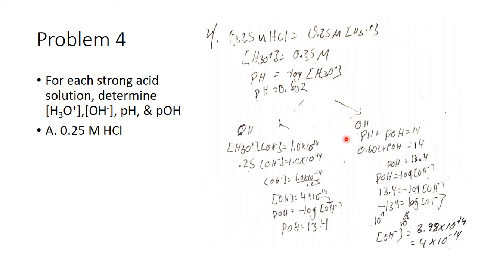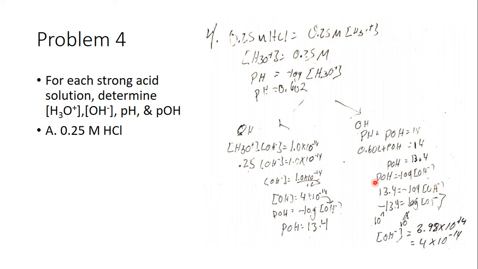Another way you can do it is that pH plus pOH equals 14. You have pH already, so you can solve for pOH, and that's 13.4. Now, from pOH, you can directly solve for the concentration of OH, because remember, pOH equals minus log of OH minus. pOH equals 13.4, so 13.4 equals minus log of OH minus.